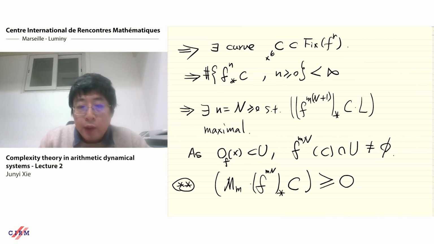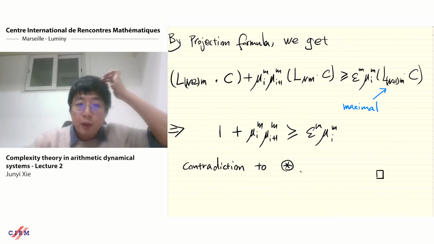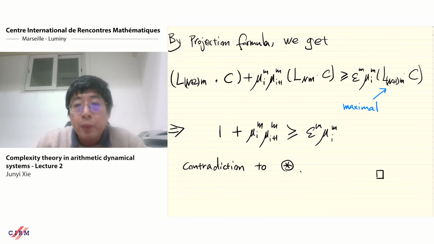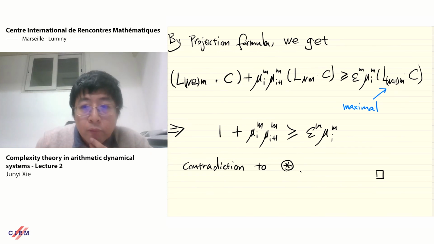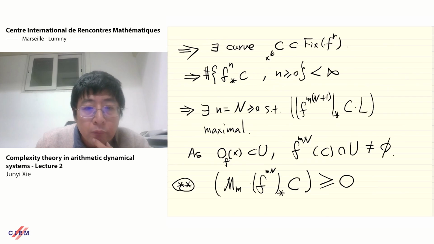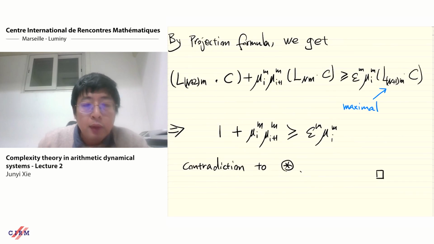Then one can show that M_m intersect this f^{mn}_* C is larger or equal to 0. Okay, now we apply the projection formula. Applying the projection formula, we get the following.